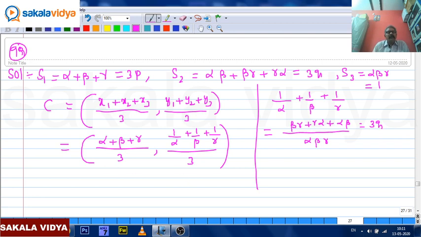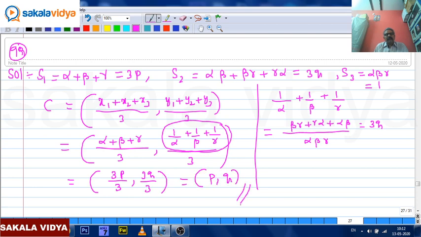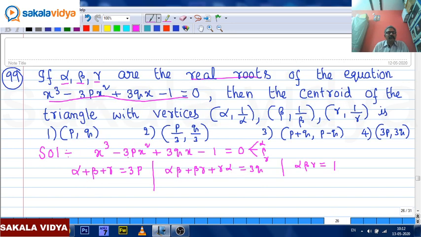Alpha plus beta plus gamma is 3p. So substituting, 3p by 3 comma 3q by 3, so p comma q is the centroid of the triangle. P comma q, first option.